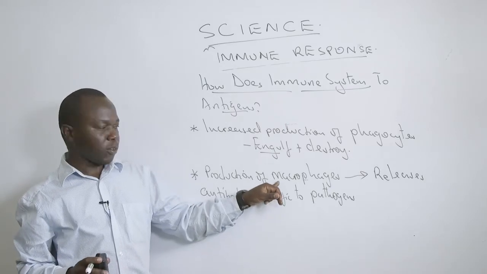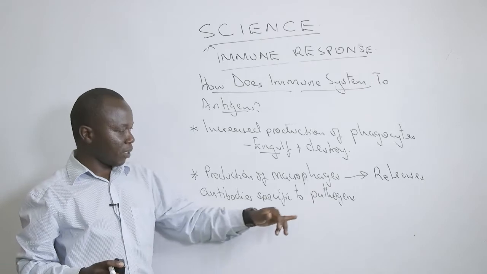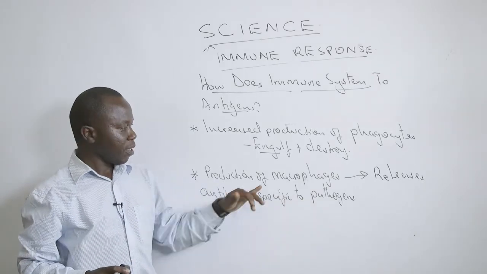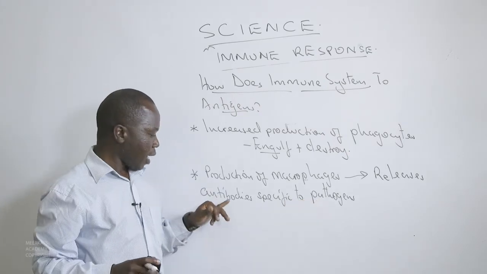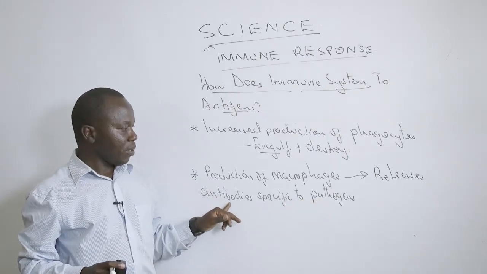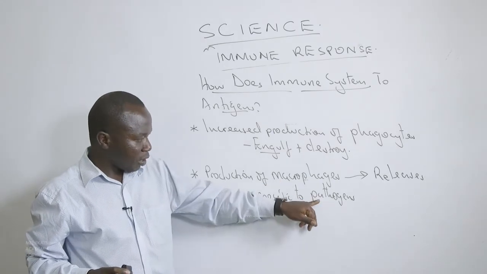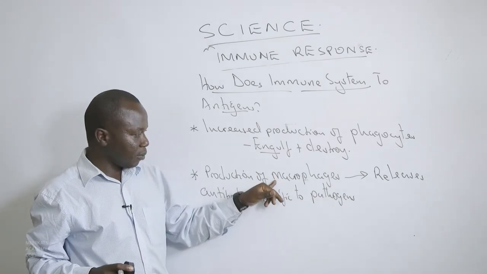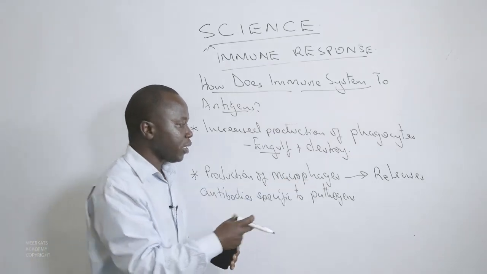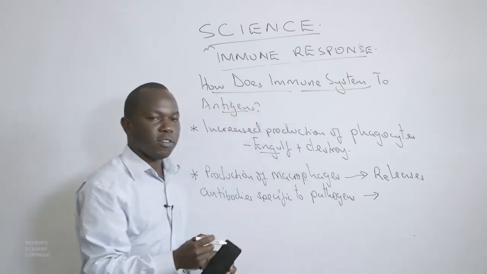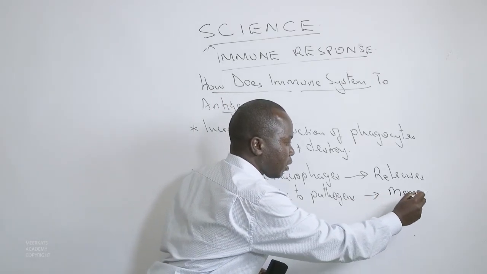There's something about macrophages. If, for example, the body has been attacked by a pathogen for the first time, macrophages will respond by producing these specific antibodies. But now there will be a memory of that pathogen in the system of the macrophages. So they will evolve into a different kind of macrophages called memory cells.